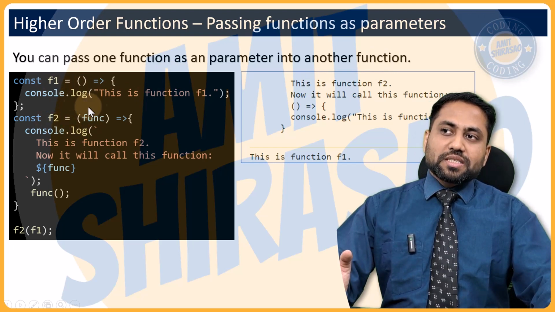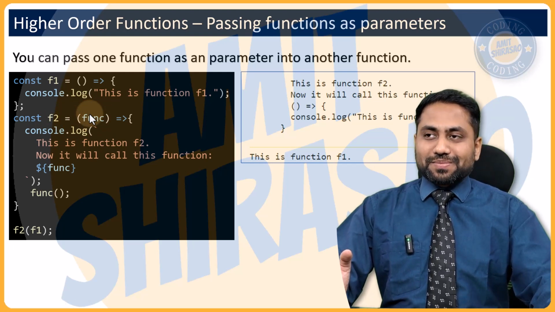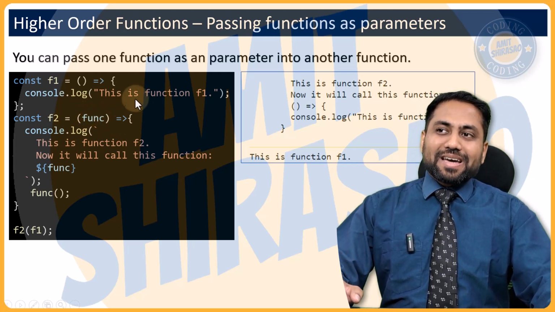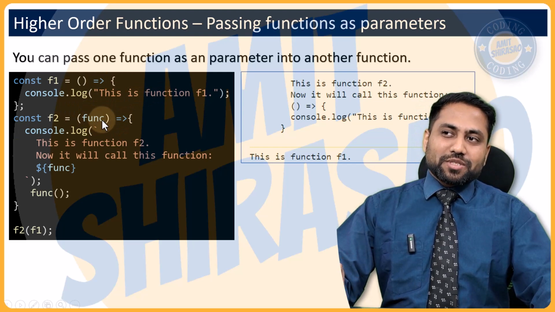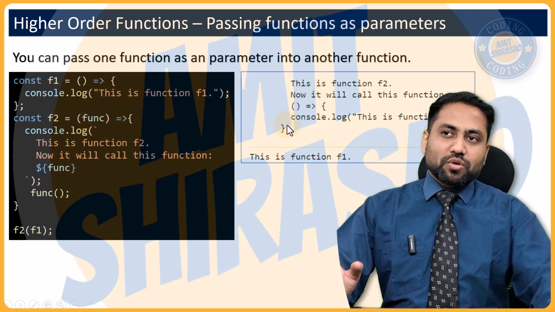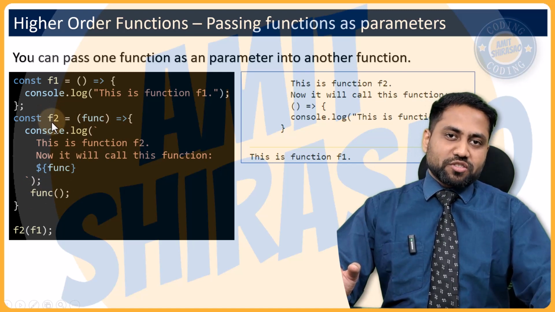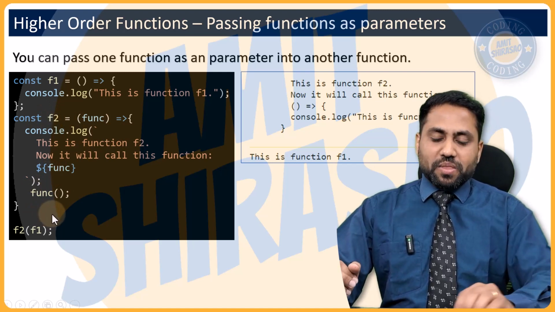The f2 function is accepting another function as a parameter, and this is how it accepts it. You can always console out its body like this. I have consoled out the body of that particular function over here, or you can also call that function from within this higher order function. This is how it is done.